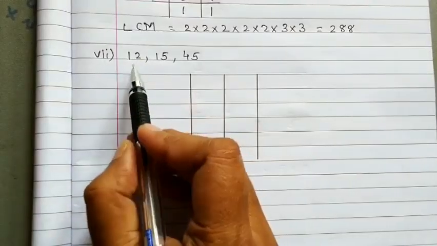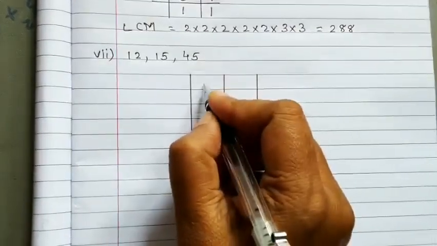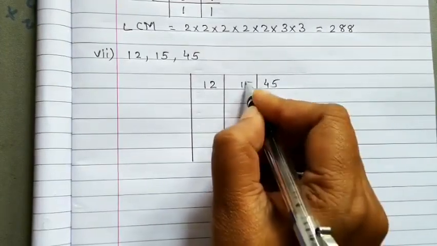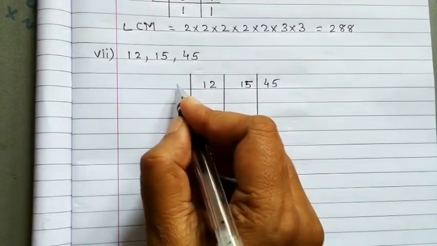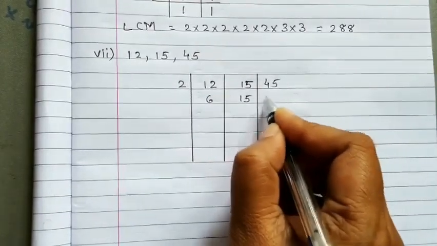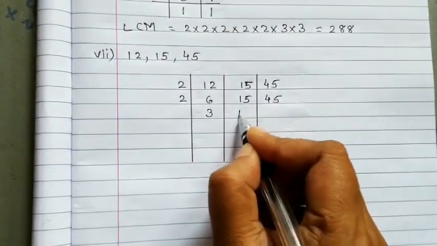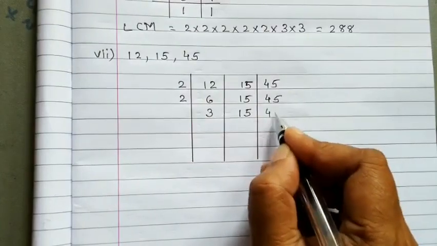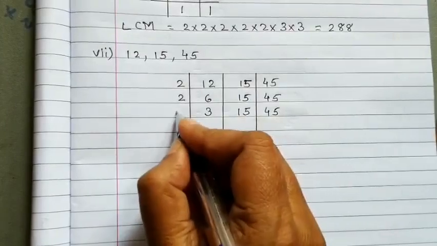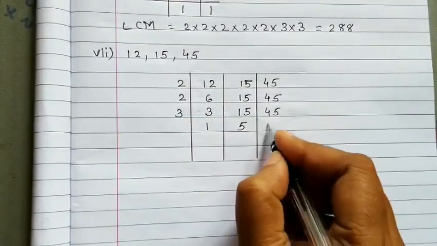The seventh question, 12, 15, 45. Let's do this by the vertical arrangement. 12, 15, 45. Only one number is even, so let's start with that. 2, 6, 15 and 45. Again 2, 3, 15 and 45. 3, 15 and 45 are not divisible by 2, so you write them as they are. Now all the three numbers are divisible by 3. So 3, 1, 5 and 15.